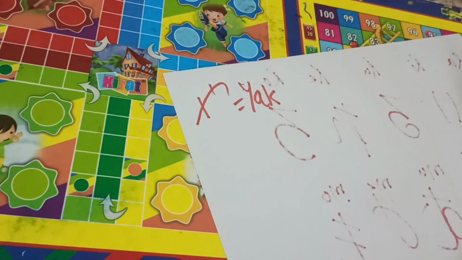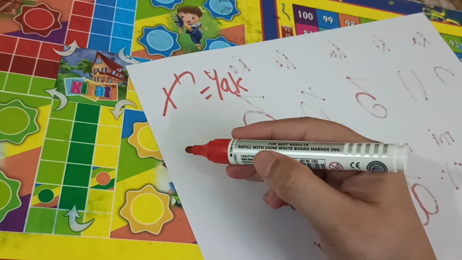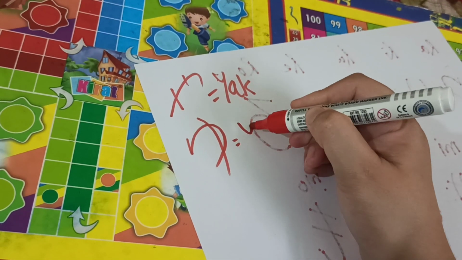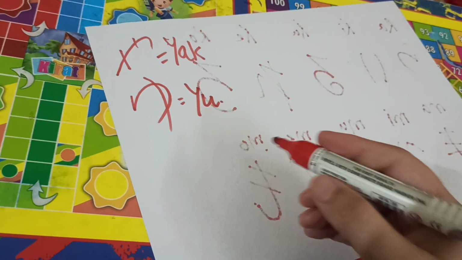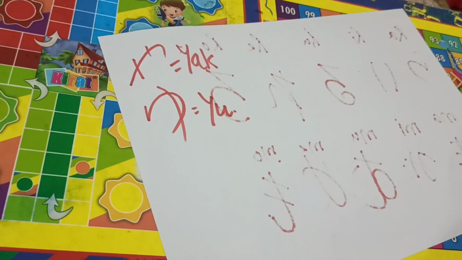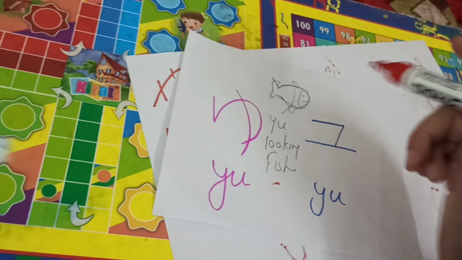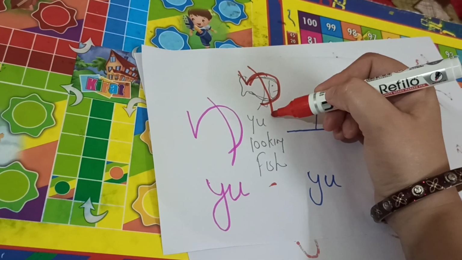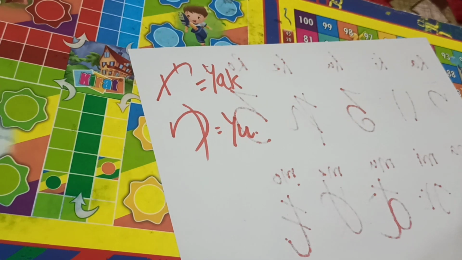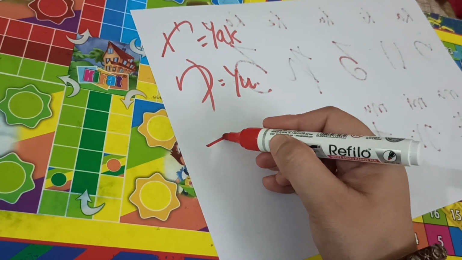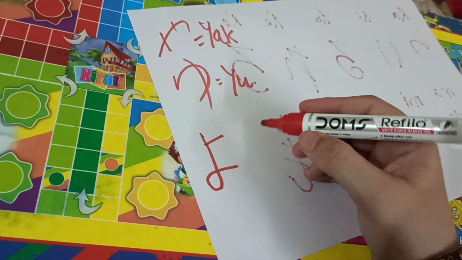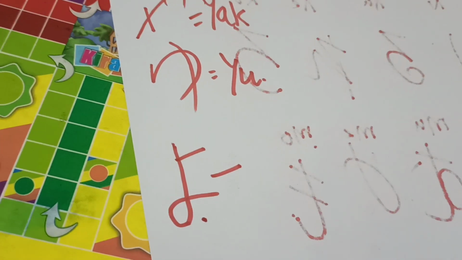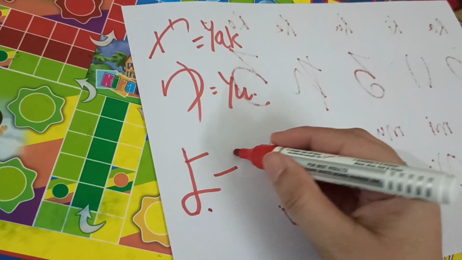Next is yu. Yu looks like a fat fish. A fat fish. Yu. Next is yo. Yo is Yo-Yo Honey Singh. You can remember this like Yo-Yo Honey Singh. Ya, yu, yo.